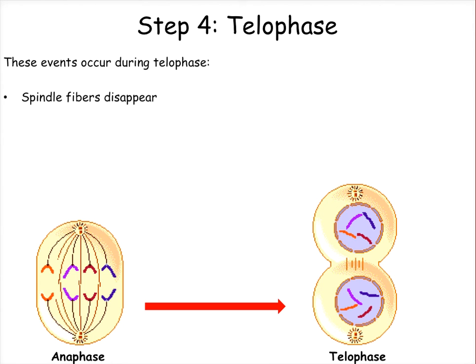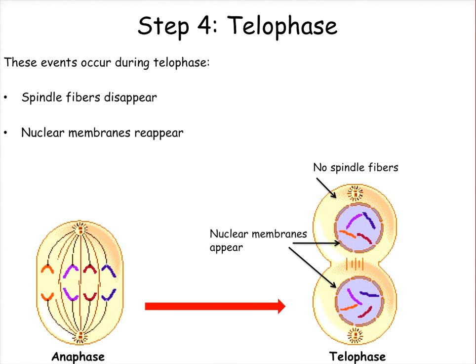In addition, nuclear membranes will reappear around each new nucleus. So we can see that occurring right here. Each nucleus becomes redefined by having a nuclear membrane wrapped around each set of chromosomes.